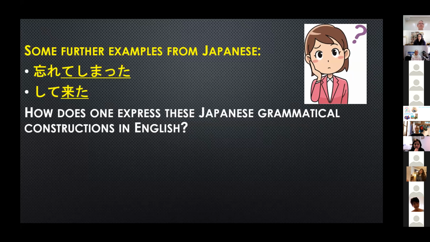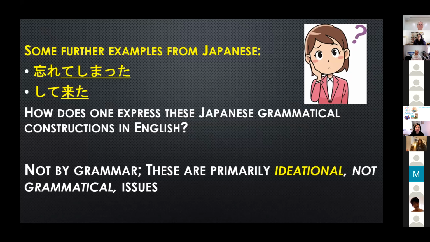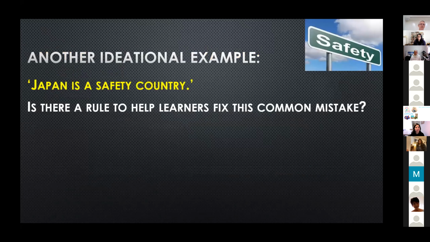Shitekida, same thing. The emotion behind it does not exist in English grammar, but it's constructed in Japanese grammatically. So if we focus upon grammar, and here's how you go from Japanese grammar to English grammar, students are going to be very confused with these types of items. Okay, again, these are ideational, not grammatical issues.